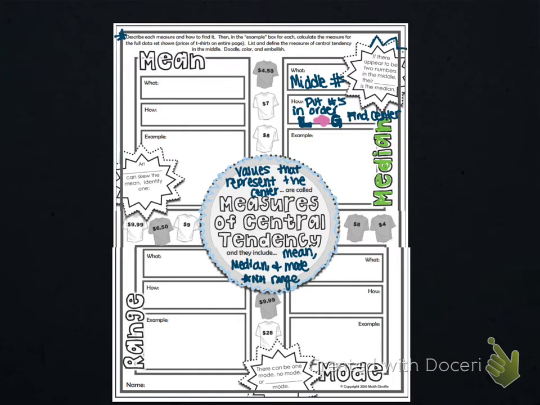If there is or appears to be two numbers in the middle, then we are going to find their mean, and we'll explain what that means when we get to the mean.